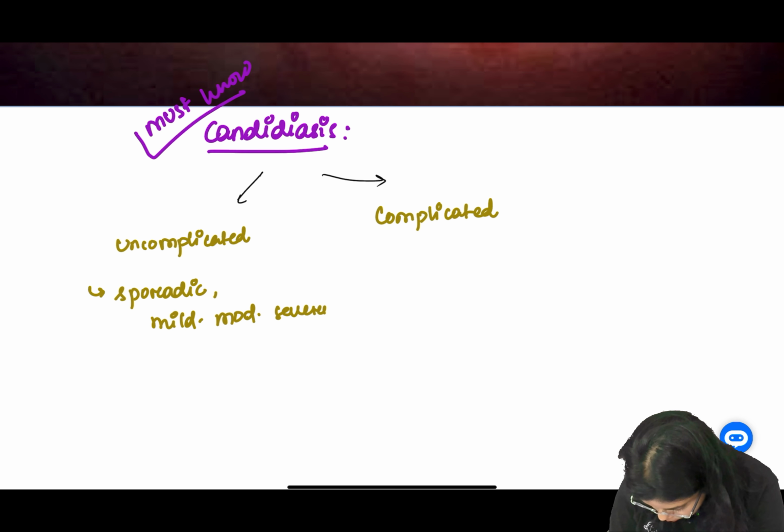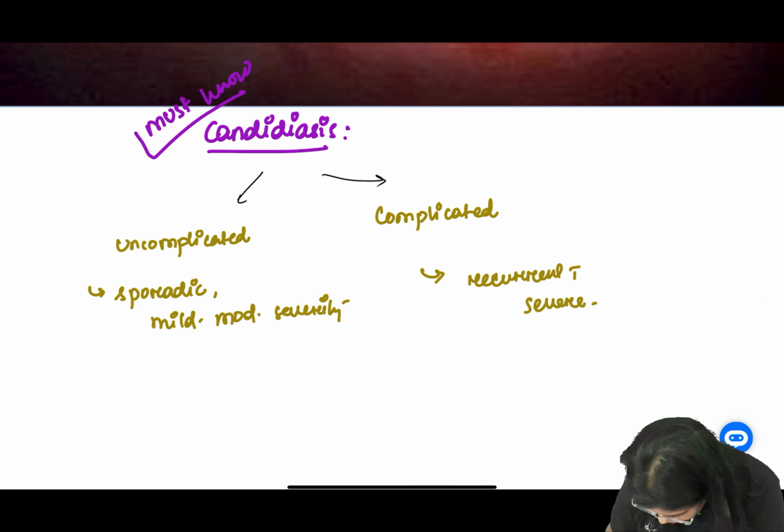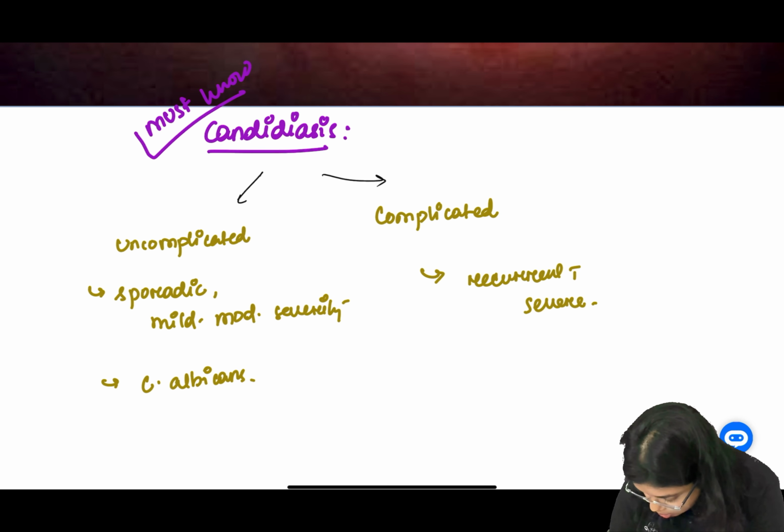But complicated is recurrent and severe. In uncomplicated, the species is Candida albicans, while in complicated, it is non-albicans species.